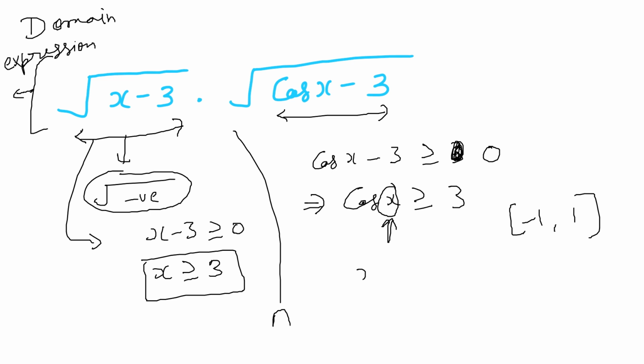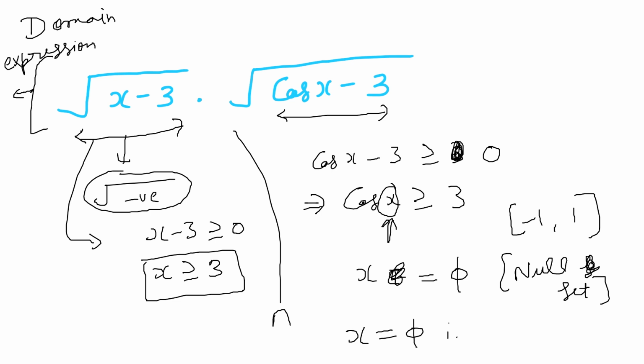So x should be nothing, so we cannot write 0 here because it is not definable. So I write here x is equal to ϕ. It is a null set, if you are aware of set theory. If I take the intersection of x greater than or equal to 3 with x equal to ϕ, our answer should be x equal to ϕ, that is the null set.